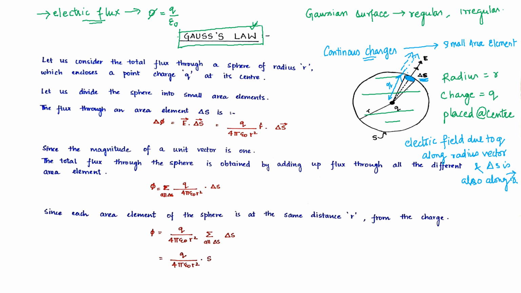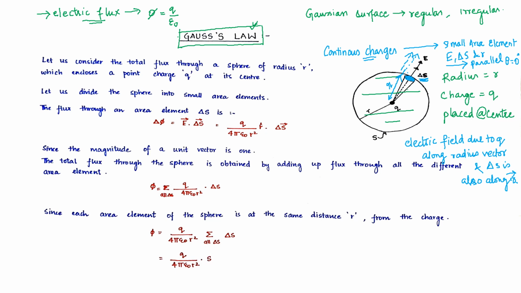So E, S and R are all parallel, and the angle which they subtend with each other is 0 degrees. These are the basic things which we have considered to derive the formula.